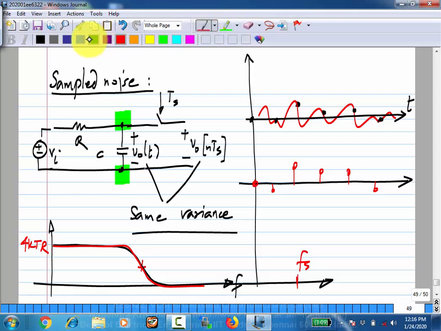Now what do you think happens if I choose the sampling frequency to be somewhere here? Overlap. So can you sketch the spectral density?